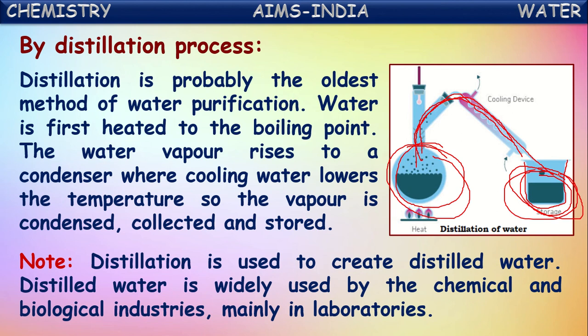Actually, the water which is suitable for drinking should contain certain salts in it, isn't it? Around 2 grams of salt should be dissolved in it. Not only that, certain gases also should be dissolved in it, like oxygen and carbon dioxide. That water is suitable for drinking, which is called potable water. But this distilled water contains no dissolved salts or dissolved gases. So it is not suitable for drinking.